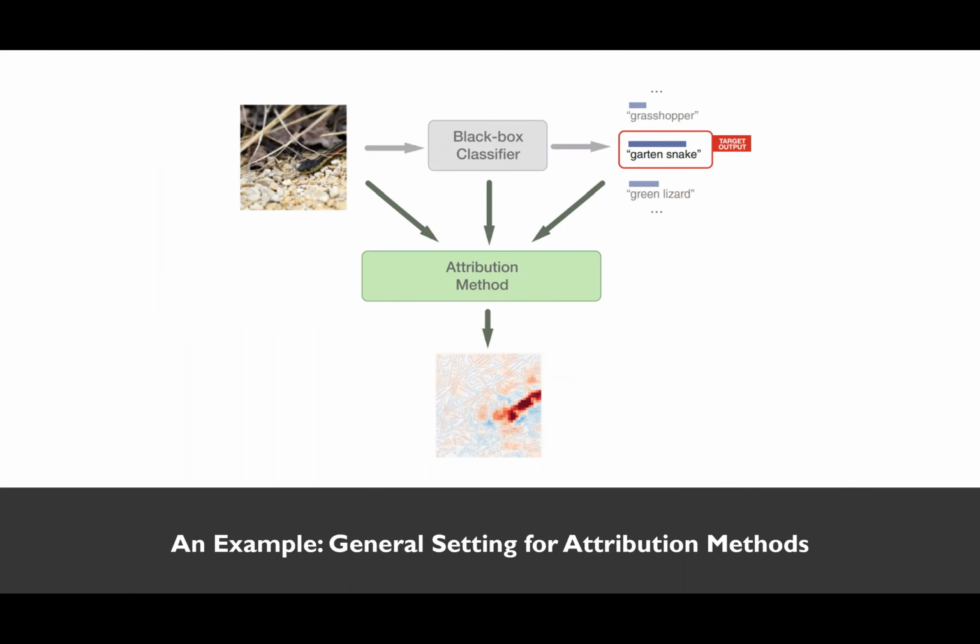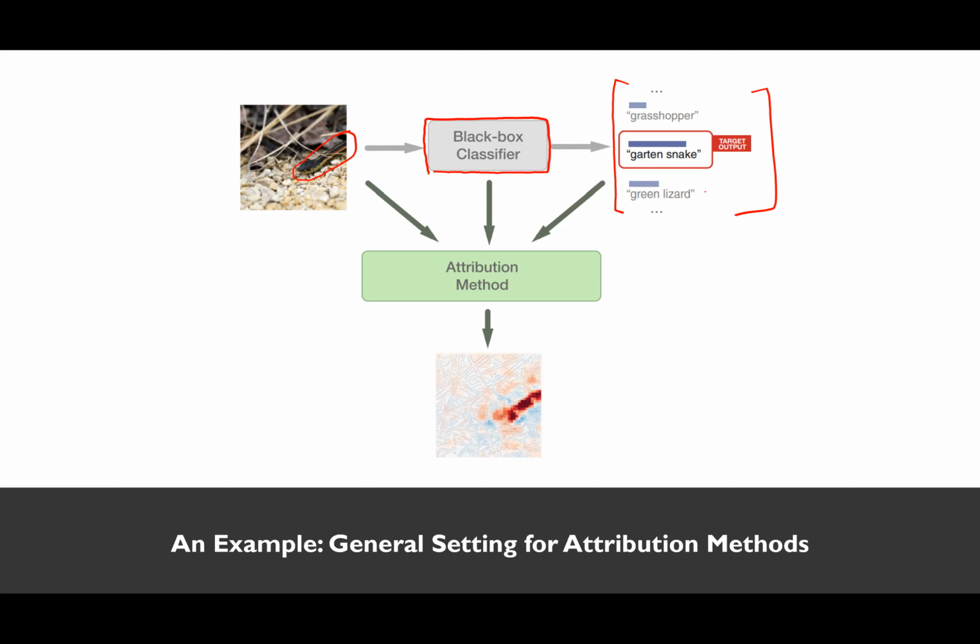This is an example of a general setting for attribution methods. When we have a cartoon snake image, we can use a black box classifier, which is an AI model, and try to predict the label of individual classes, including grasshopper, cartoon snake, and green lizard, and so on.